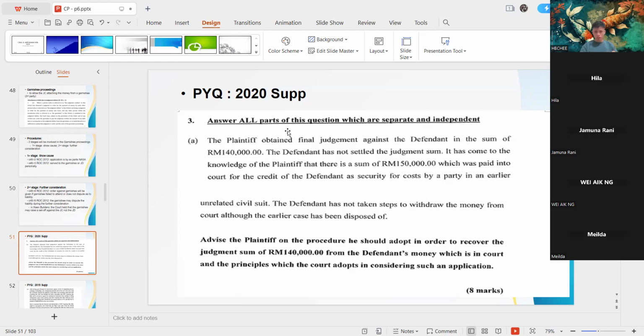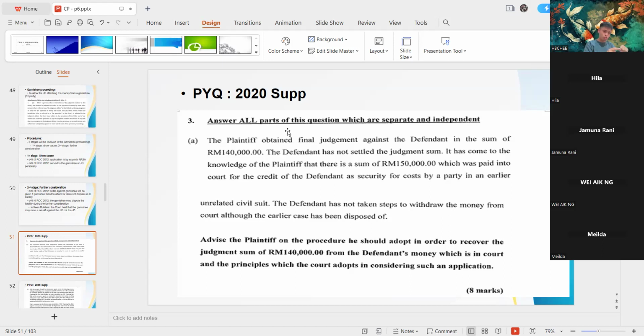Since the year of obtaining judgment is not mentioned, we can skip the limitation period. Then the next thing is you explain the procedures of garnishee proceedings. In the first paragraph, you say what the garnishee proceeding is.